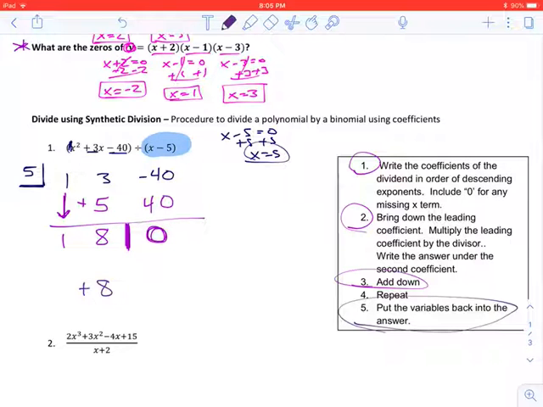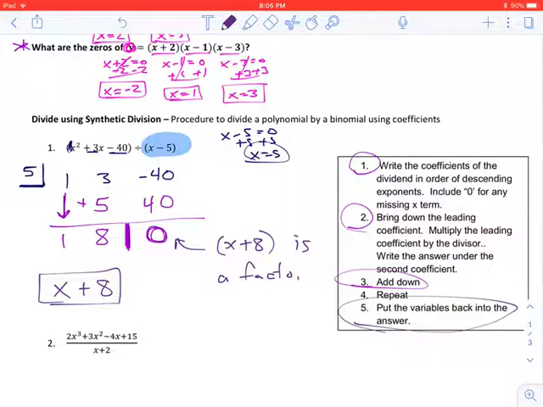So 8, and then the next one up from a constant is x to the first, so 1x. And x plus 8 would be our answer. Since the remainder is 0, that means x plus 8 is a factor of that polynomial. That's it.